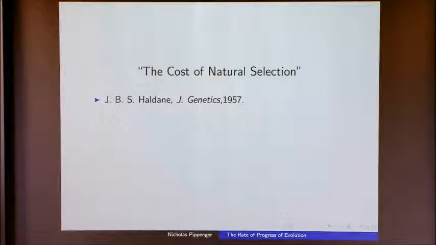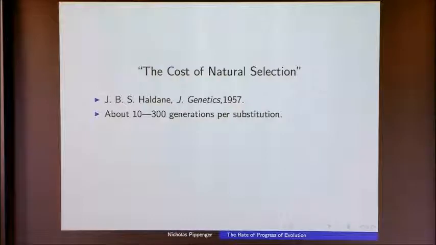He's saying that here's a problem in the theory of evolution, and we have to somehow come to grips with it. And the conclusion he comes to in this paper is that to fix each gene in the genome, if there are some genes that evolution would like to bring to great prominence or even complete fixation, then it takes about some number of generations per substitution.